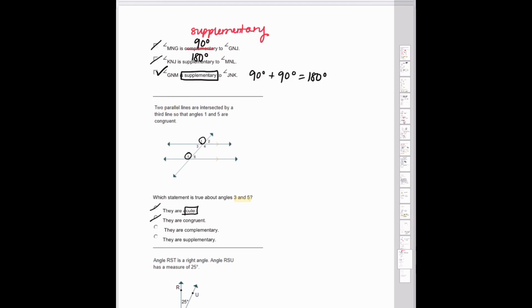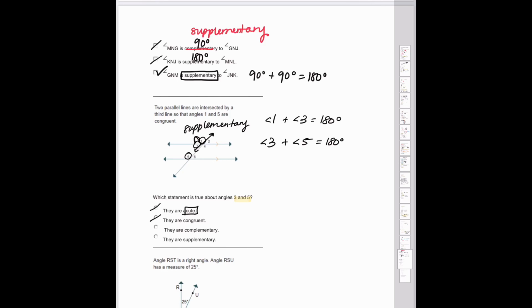Well, if 1 and 5 are congruent angles, and we know that 1 and 3 in this instance share that line, making them supplementary angles, meaning that if you add angle 1 plus angle 3, you would get 180 degrees, then it's reasonable to conclude that 3 and 5 would also equal 180 degrees.